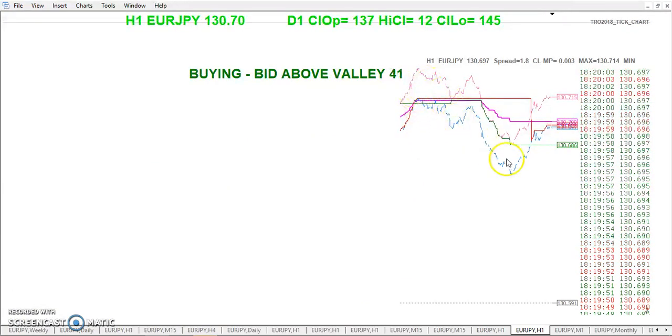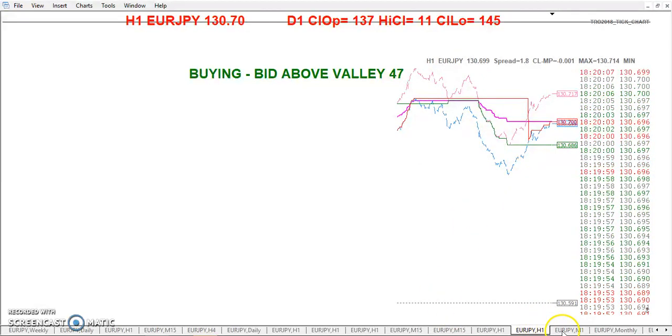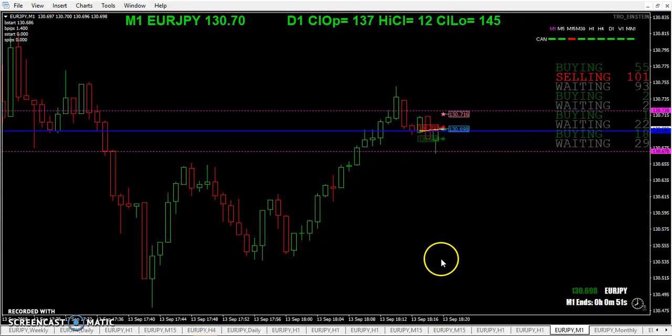Not much price action really happening here. And on the Einstein line, once again, not that much. Now, I've had the computer open more than 3 minutes, but every time I change the chart, the Einstein line resets itself.